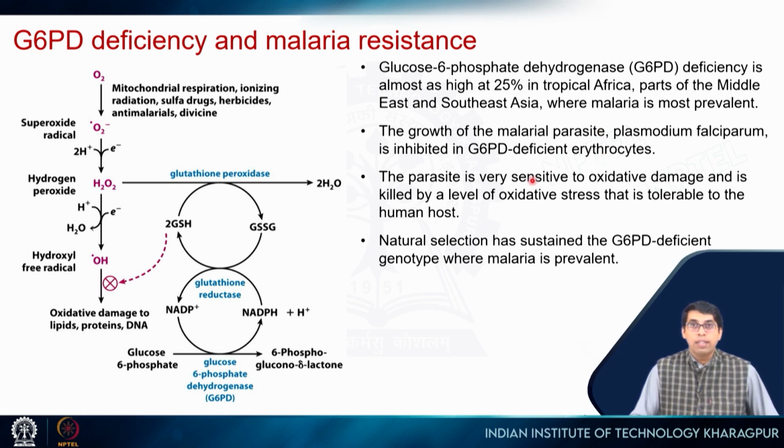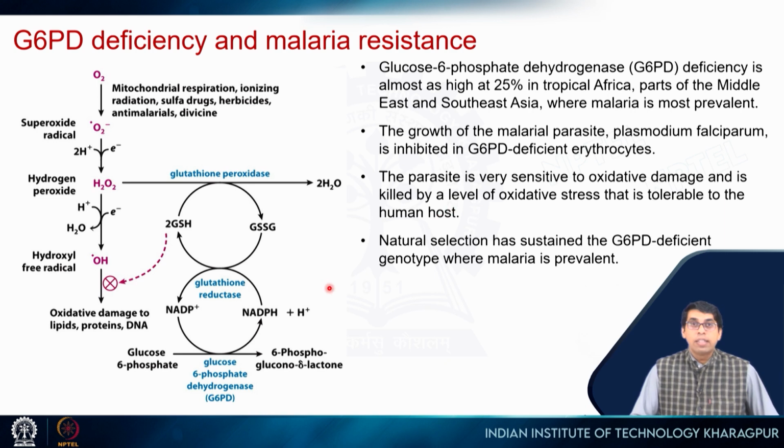Because this parasite is very sensitive to oxidative damage. So, it is killed by a certain level of oxidative stress. If these types of species are produced, they will kill the parasite. However, that level of stress is tolerable to the human host.